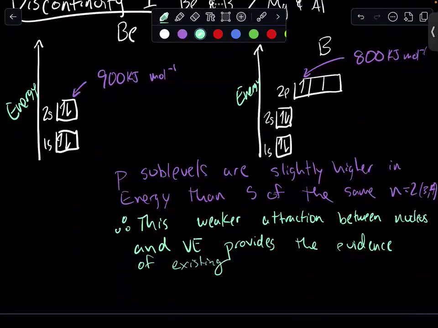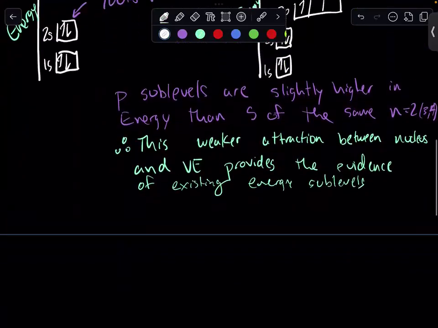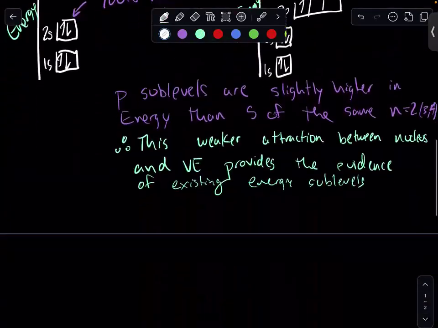Existing energy sublevels, such as the p sublevel that we are looking at here. So that shows us that type of discontinuity and explains it in terms of energy.